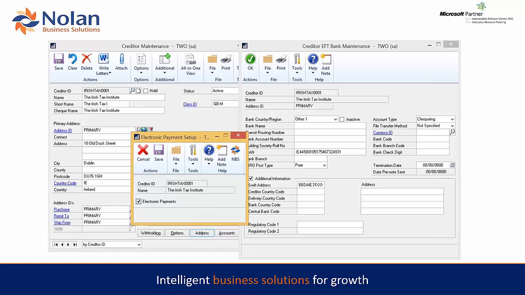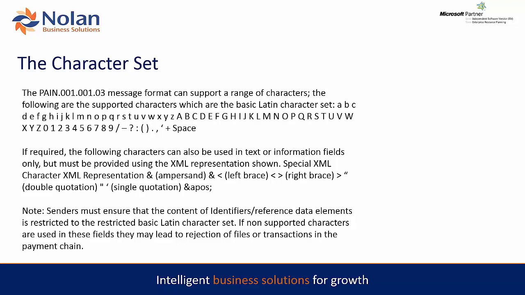Okay, so before we go and have a look at this in action, I just want to mention one other thing. The character set that the pain.001.001.03 message uses is the basic Latin character set, which is lowercase, uppercase alphanumeric characters plus numerics plus your slash, question mark, and space, etc. You can pause the webinar here and read this further down if you want to, but there's some information there about how to put in special characters.